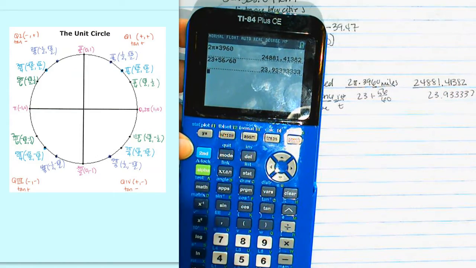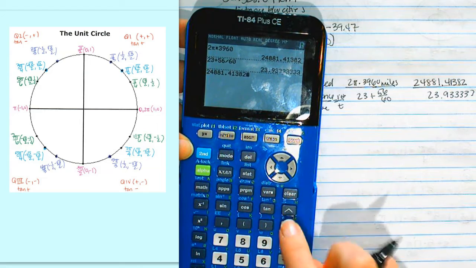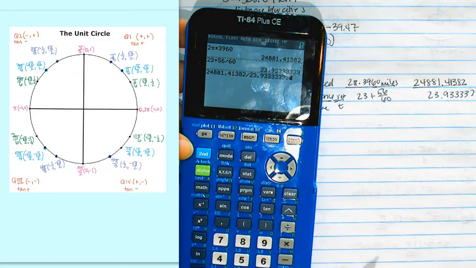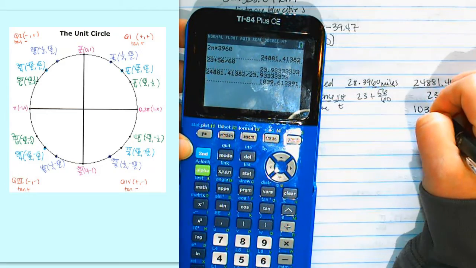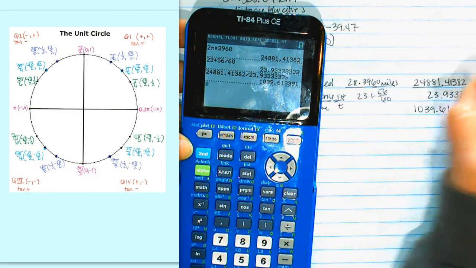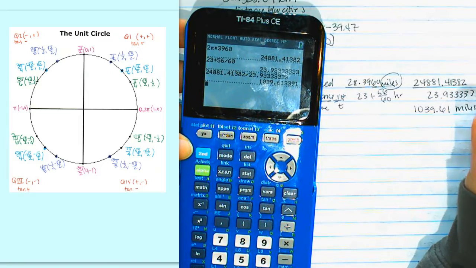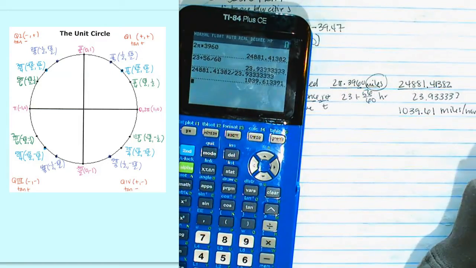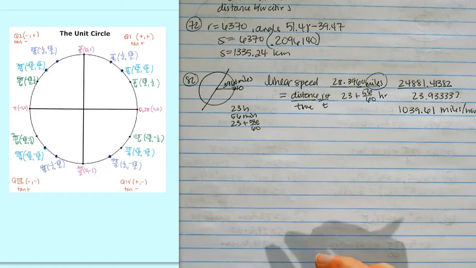Lots of threes repeating. So I'm going to take the numerator and divide it by the denominator, and we get 1039.61 miles per hour. There we go. That's how fast you're traveling. If you're on the equator in a day, you're traveling 1039.61 miles per hour. That's pretty cool.